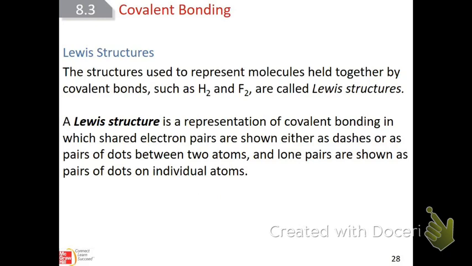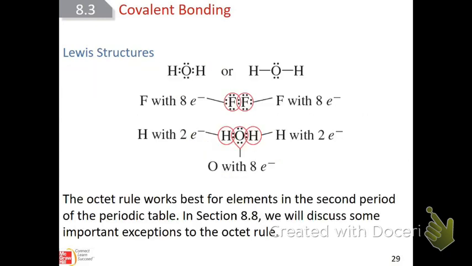Right, and this is the case of water right here. We have H2O. Notice a hydrogen just needs 1 electron so that it can be isoelectronic with helium, but oxygen needs 2 electrons.